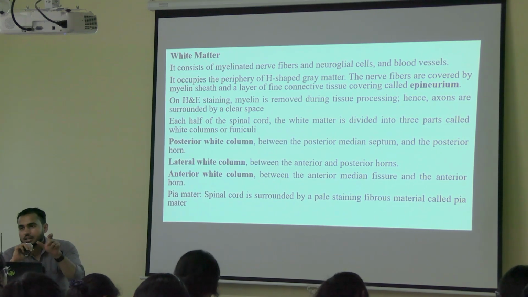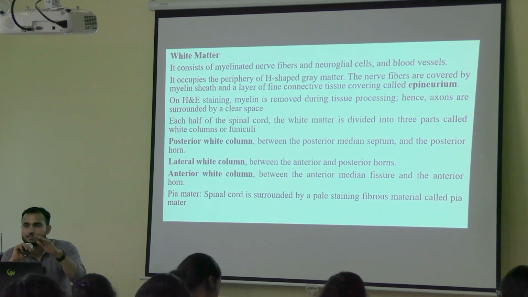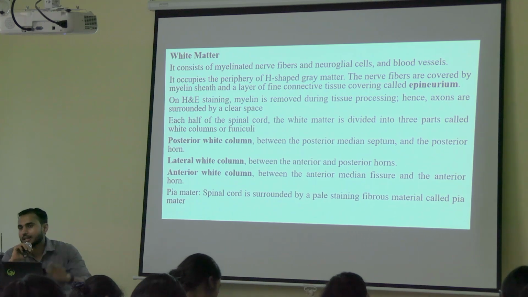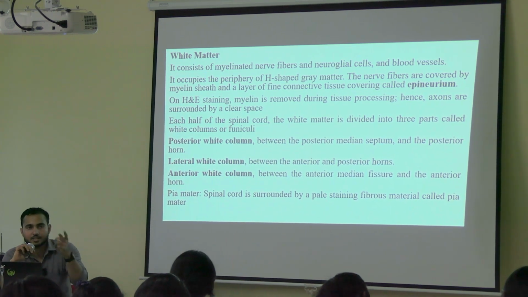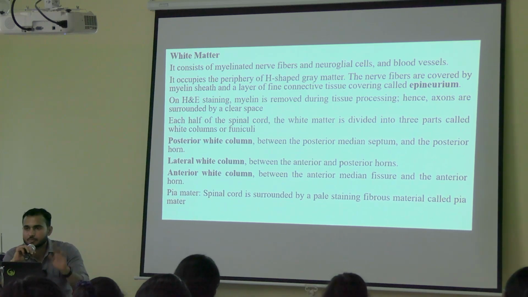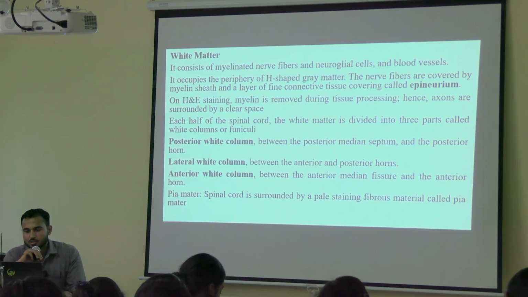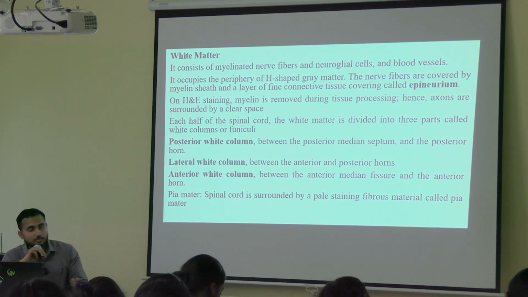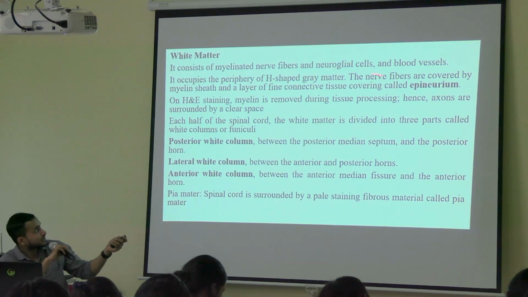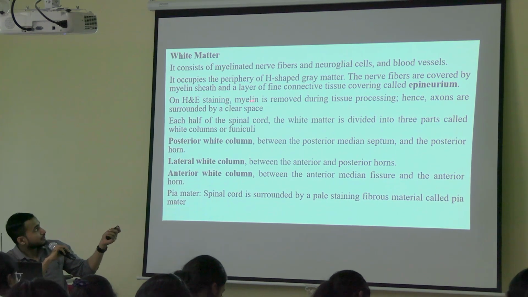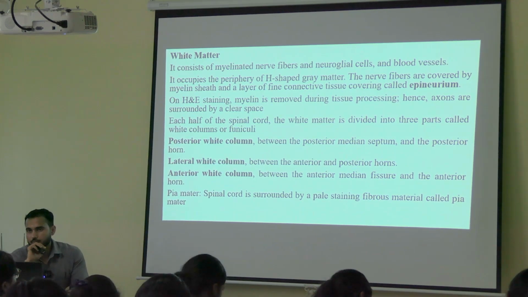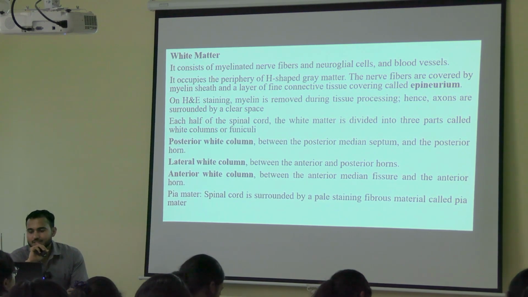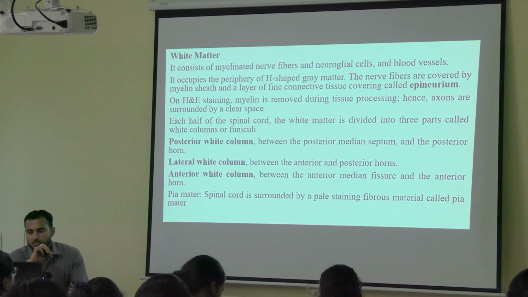If you see the white matter, it is present surrounding the H-shaped gray matter, at the periphery. So what is there in the white matter? As you can see, the nerve fibers are covered by a fine connective tissue covering that is called epineurium. That can also be seen under an H&E section.